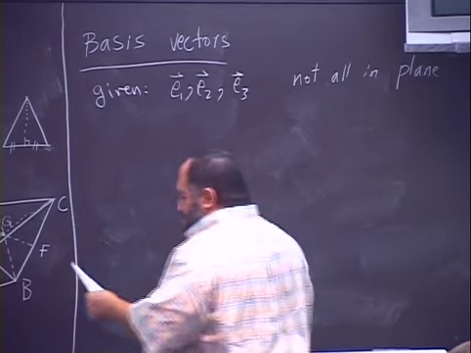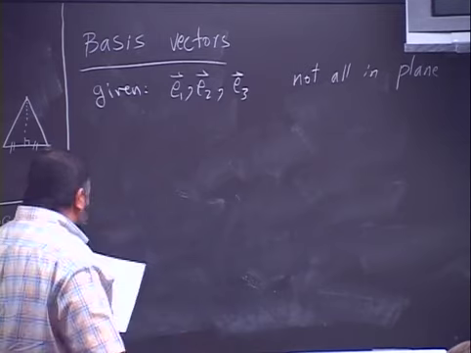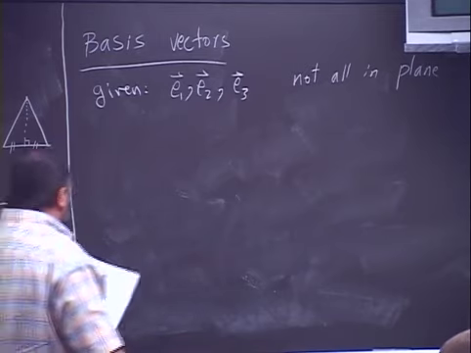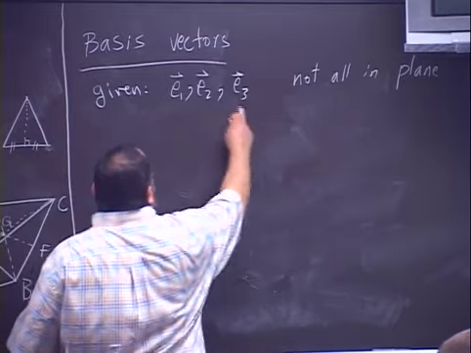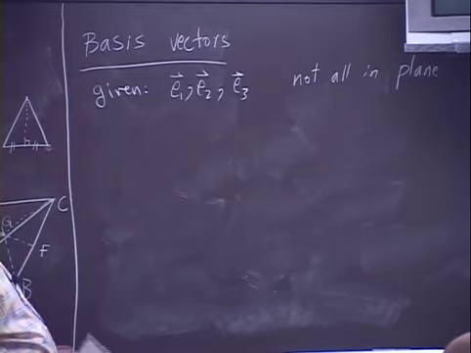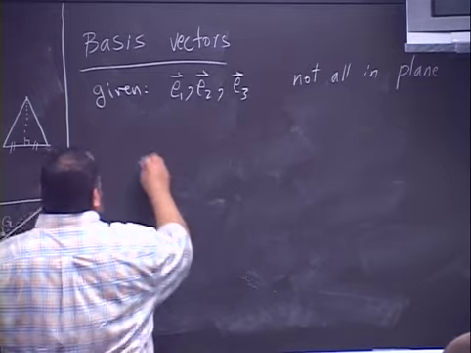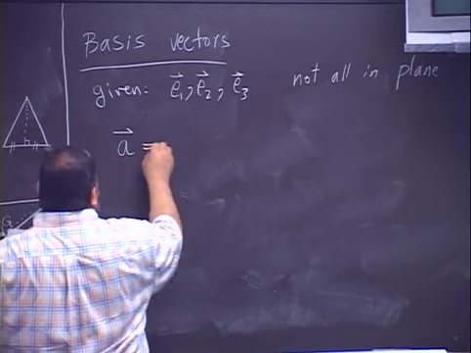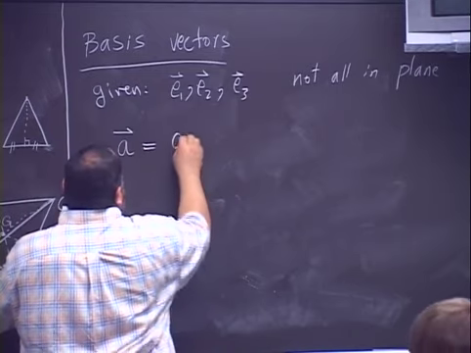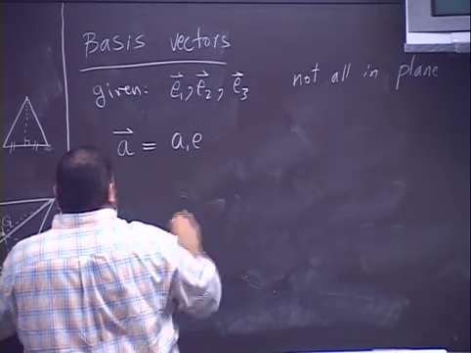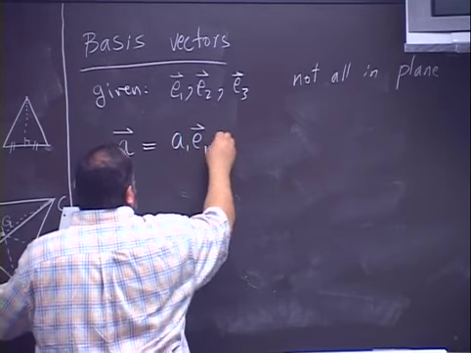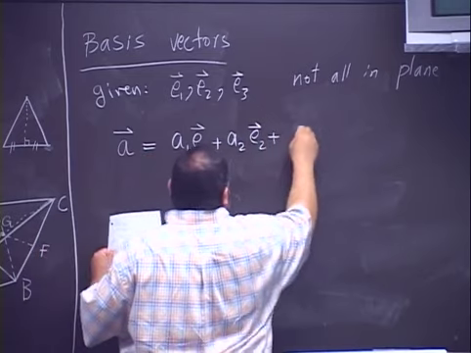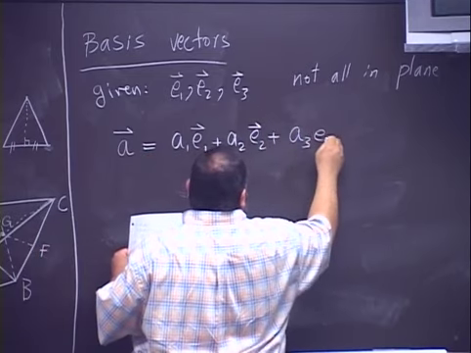It is possible that in three-dimensional space we might write any other vector in terms of those three vectors, and this vector that we have here, A, will be just A1 multiplied by the vector E1 plus A2 multiplied by the vector E2 plus A3 multiplied by the vector E3.